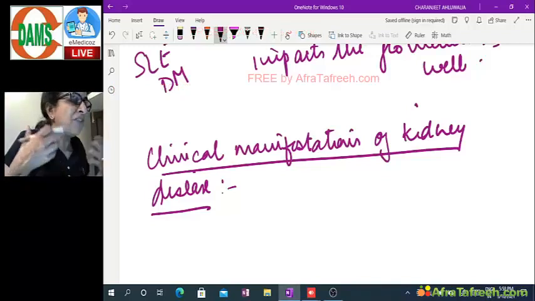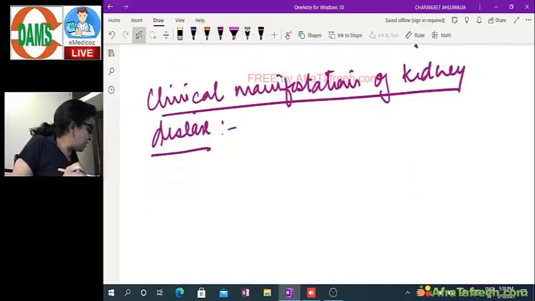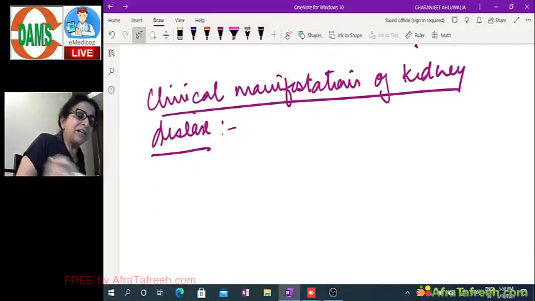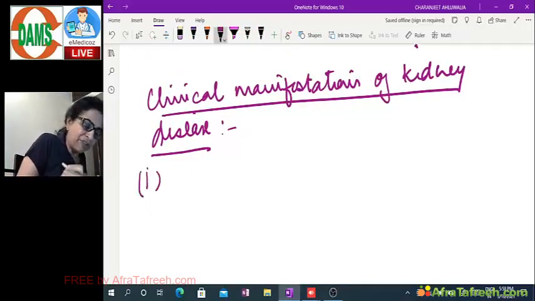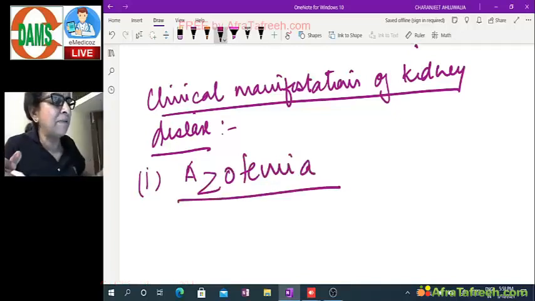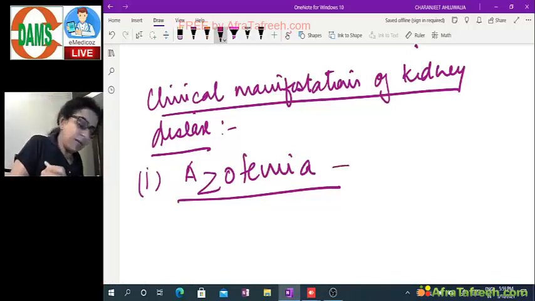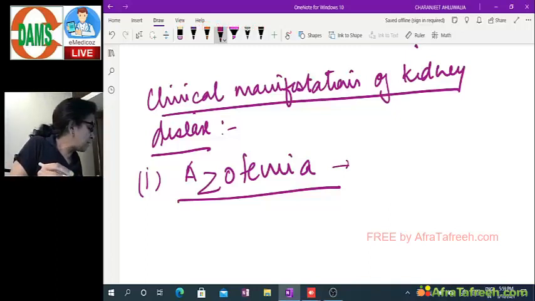Now, if a person has a kidney disease, what are the common clinical features the person presents with? The first clinical manifestation is azotemia. What is azotemia?